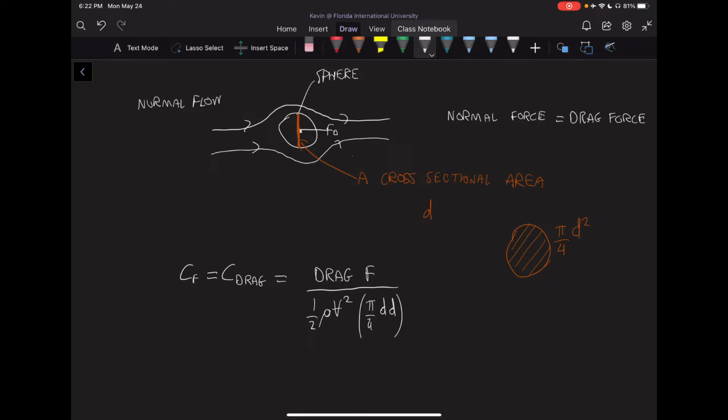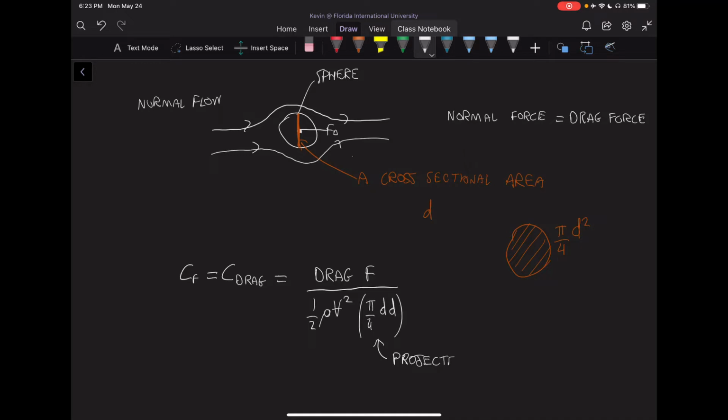And I'm leaving this as times d because I want it to be clear that we're multiplying d by d. If we had a different shape, we would just multiply the length times the diameter, for example. But essentially, this is called the projected area.